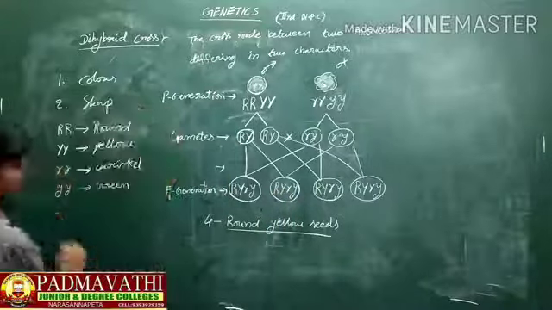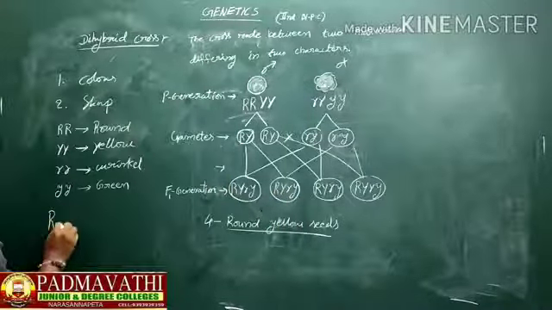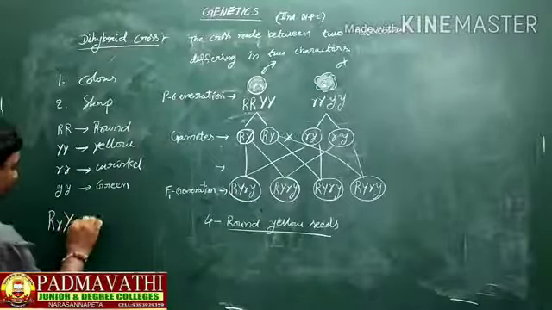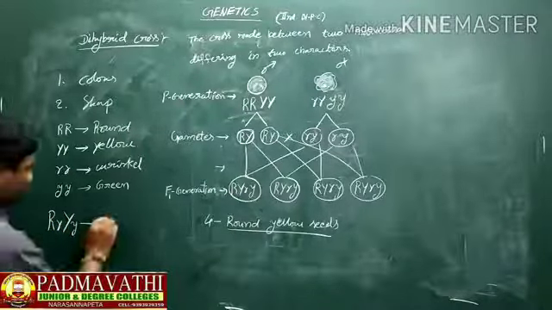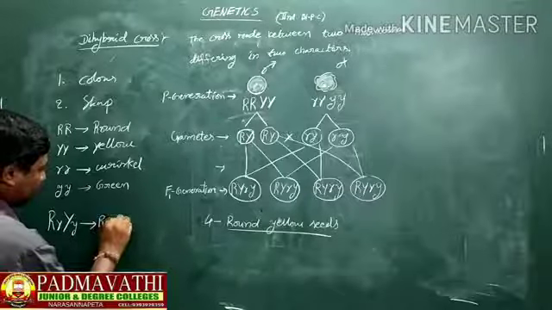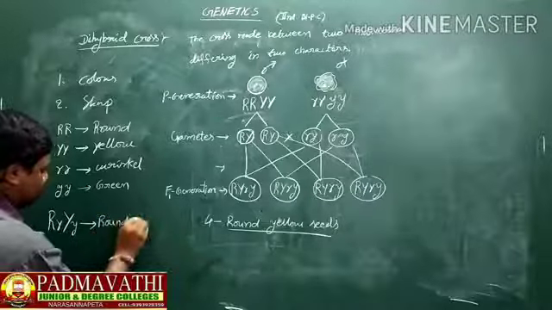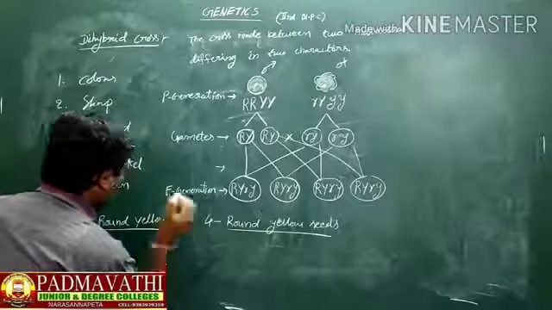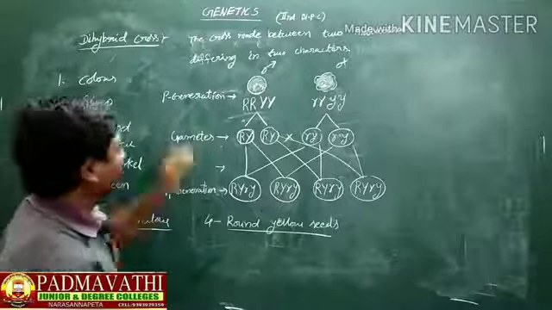Here, big R, small r, big Y, small y indicates round yellow. So, this is the dihybrid cross.